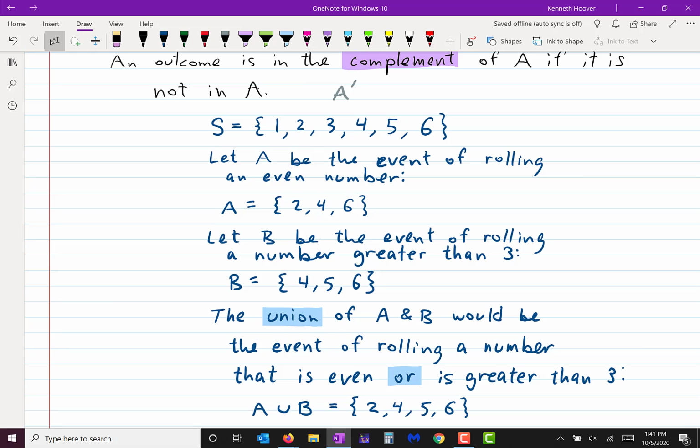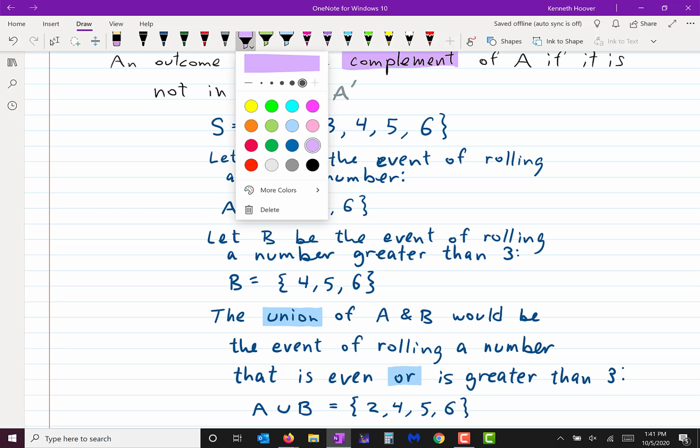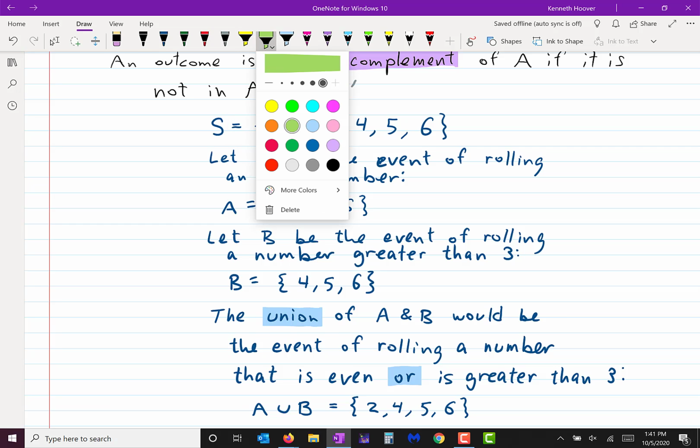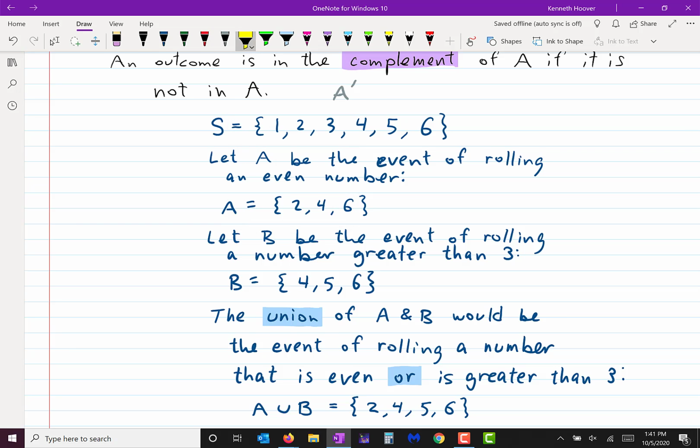So if you want to calculate the probability of A, it's easy to do so. Look at A and look at the sample space. There's A, and here's the sample space.